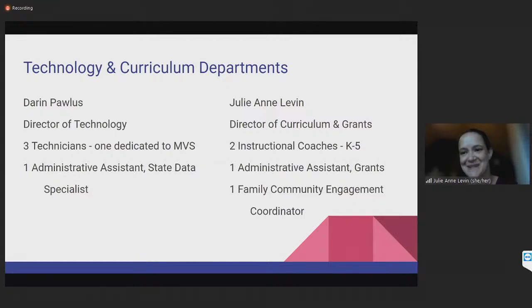And between me and Darren, with the support of obviously the superintendent and the director of special education and the director of business services, we all collaborate around pushing the constant innovation that we see in technology to make sure that we can be doing all of those things even more efficiently. And at the heart of everything is preparing our students for the world that they might encounter in the future of technology, which we really can't even dream of.